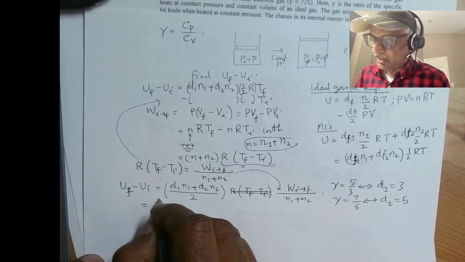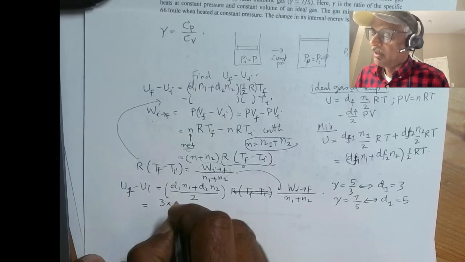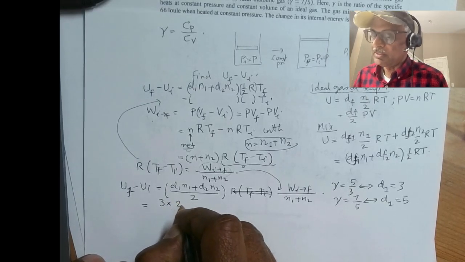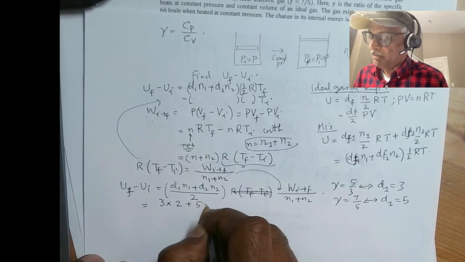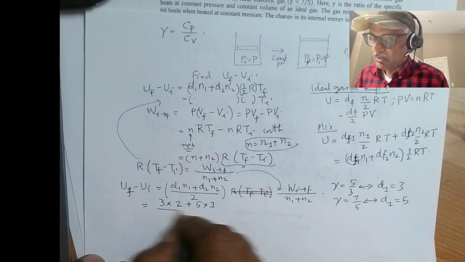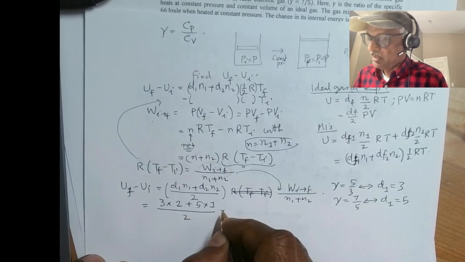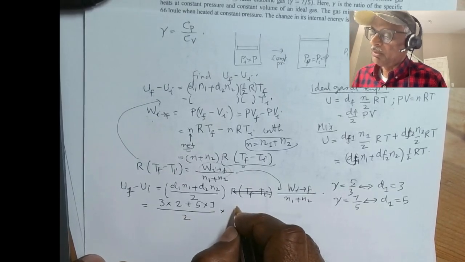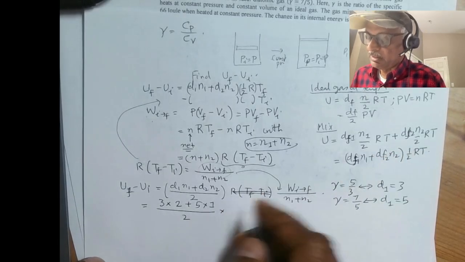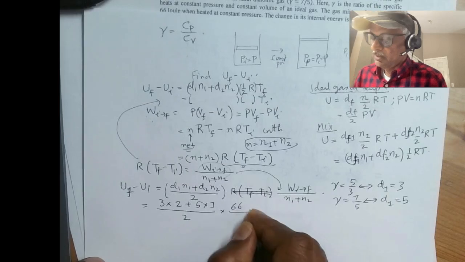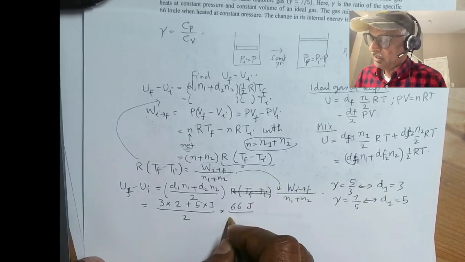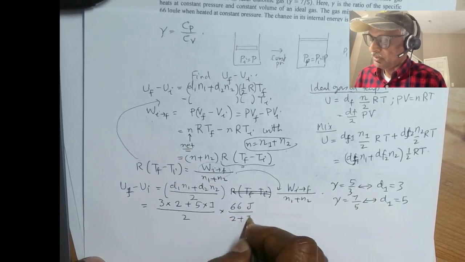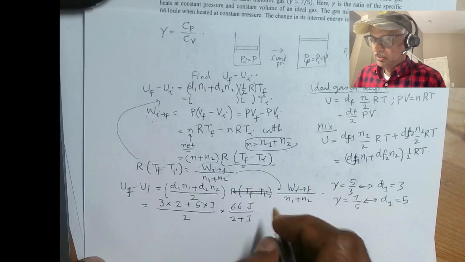We have a 3, N1 has 2 moles, plus 5 times 1 mole, over 2, times the amount of work, which is 66 joules, and N1 plus N2 is 2 plus 1. So what do we have?